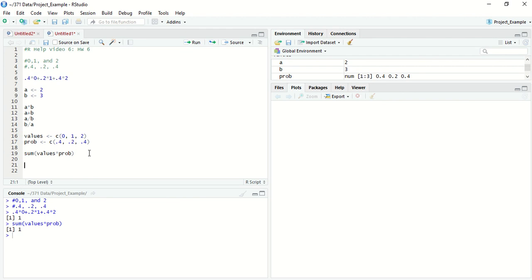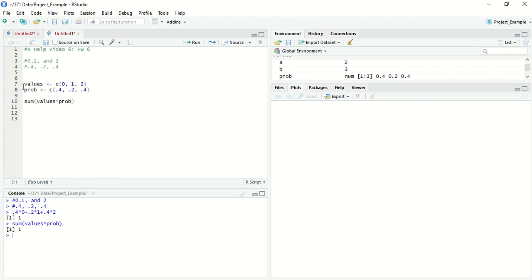Next, let's go into how we would get the standard deviation with the same numbers. So I'm going to erase this, and this is the calculation for expected value, or the mean.